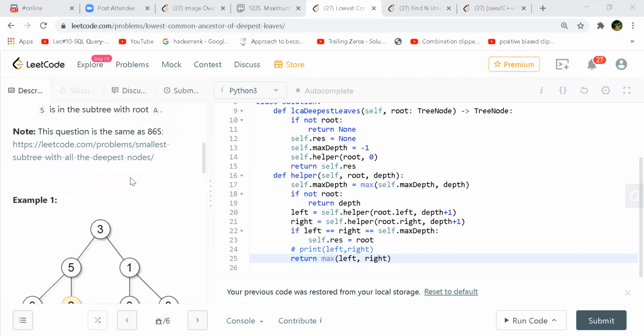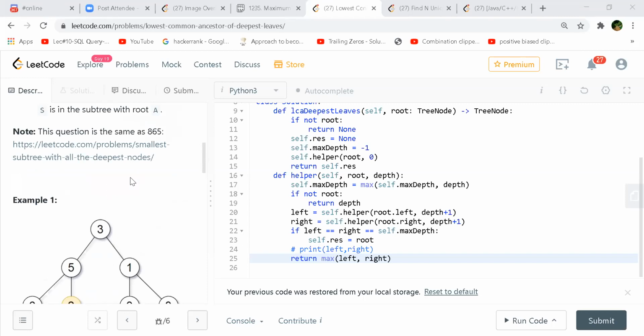I think you're correct, but could you please reiterate again? So as it is stated, the main question said that we need to find the lowest common ancestor of its deepest leaves. If we take all the deepest leaves, there can be more than one.